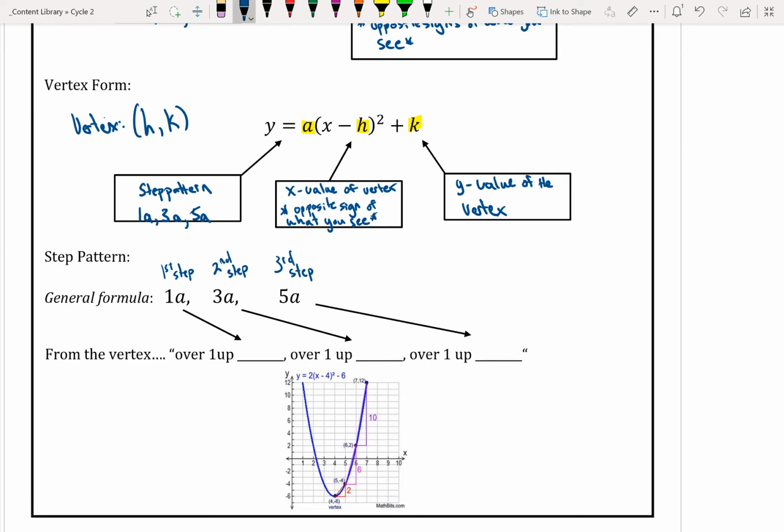So to use that step pattern, I start at the vertex, I go over 1, up however many that first step is, and that's one point. Then I do the same thing again. From that point, I go over 1, up whatever my next step is, that's my next point. Over 1, up whatever the next one is, and that's my next point.